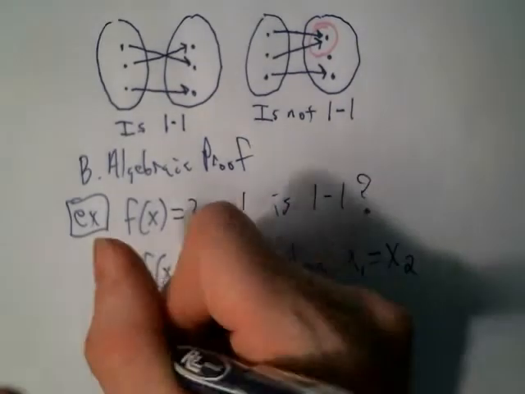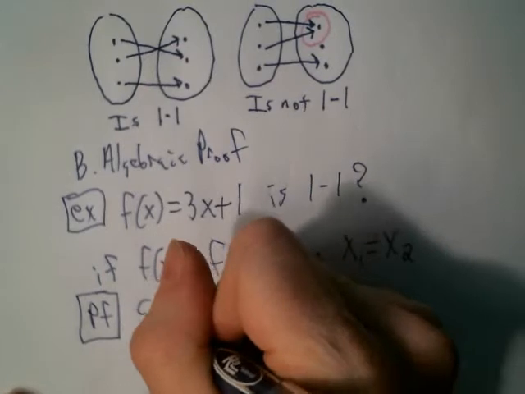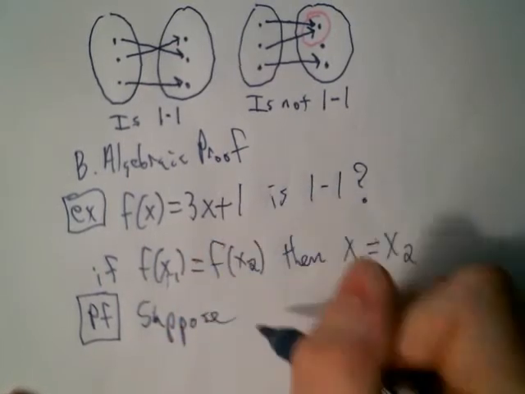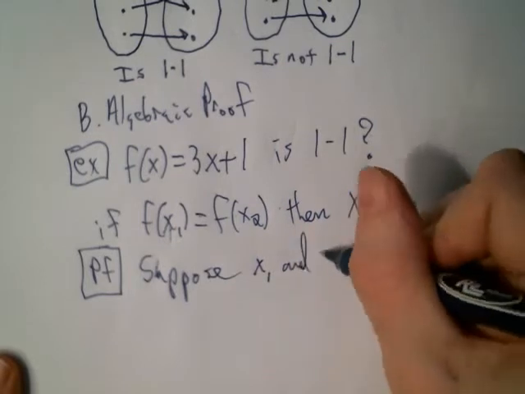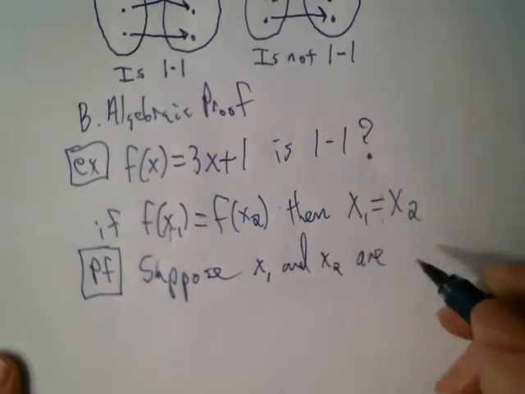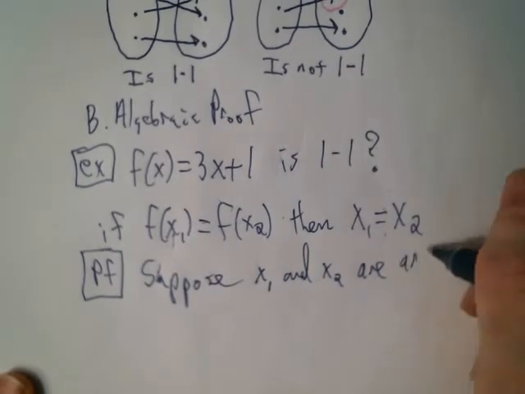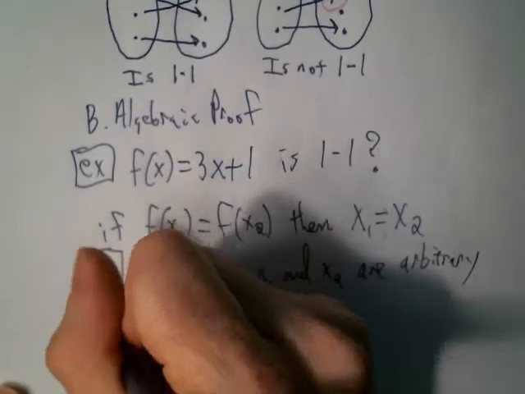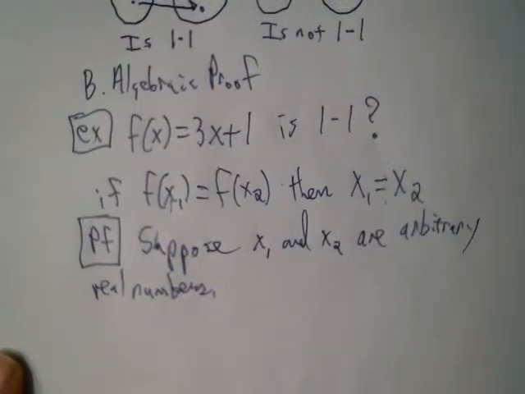Okay? So our proof of this thing, we suppose x1 and x2 are arbitrarily chosen real numbers.